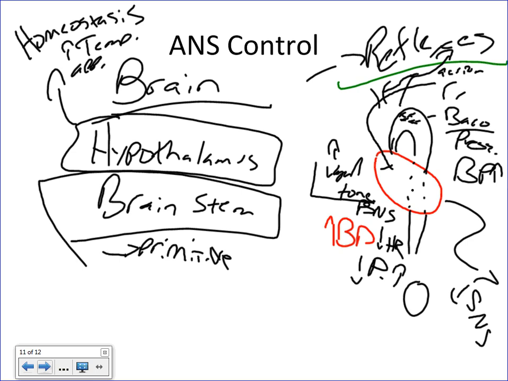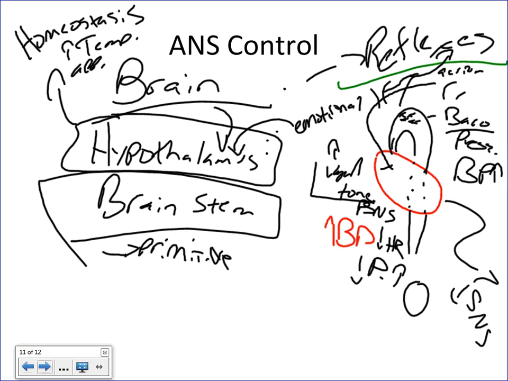Remember, there's a lot of input to the hypothalamus from the cortex and from other areas of the brain. So the hypothalamus can react in response to emotional and not just physiologic stress, due to the activity of the limbic system, the hypothalamus, the cortex, and so on.